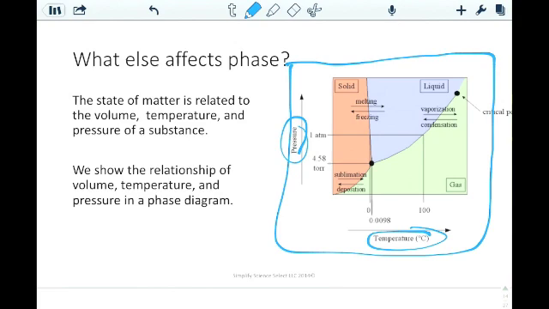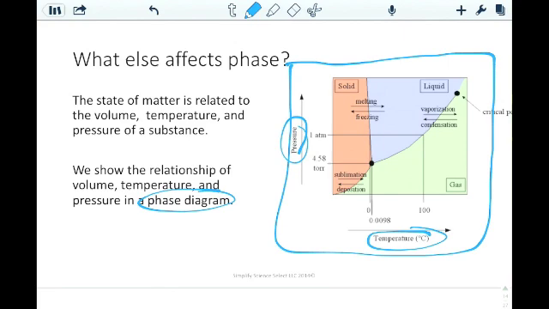The states of matter are related to the volume, temperature, and pressure of a substance. So the reason why something is a solid is because of the volume, temperature, and pressure. We show the relationship of these things in this phase diagram.